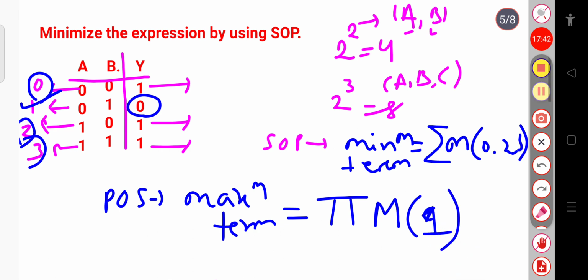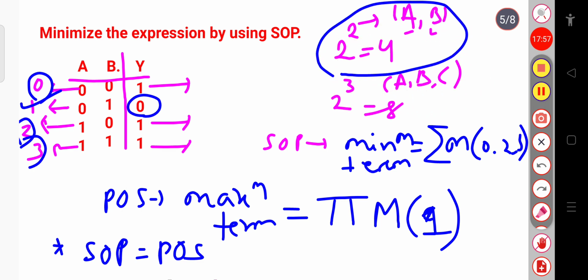You should remember that always SOP is equal to POS. The output value of SOP should be equal to POS. And one more thing is that since there are two terminals, we know there are 4 possible conditions.